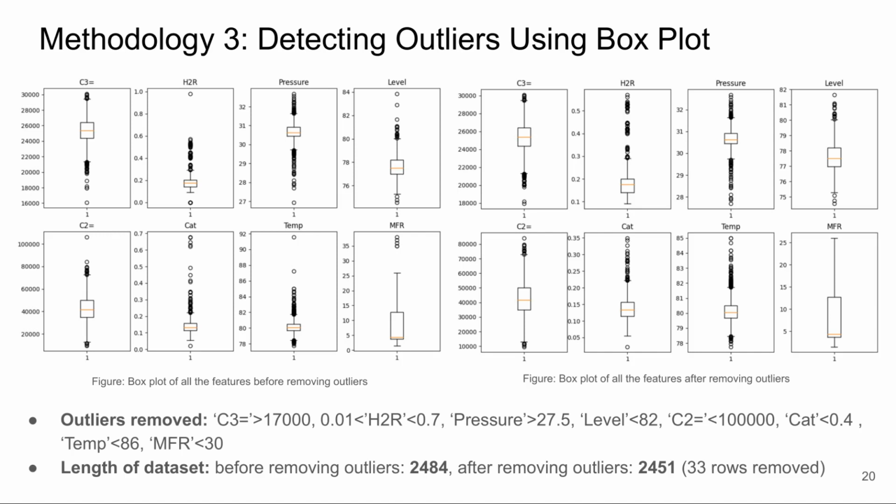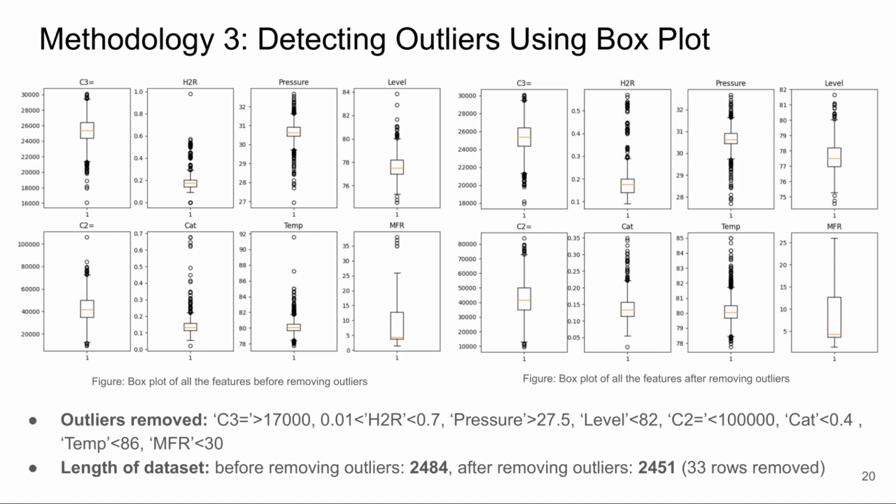In this slide, the specific ranges for each of the features that have been used to remove the outliers are given. For example, for MFR, we remove any values that exceed 30. Before removing the outliers, there were 2484 rows of data, and after removing the outliers, there are 2451 rows of data.